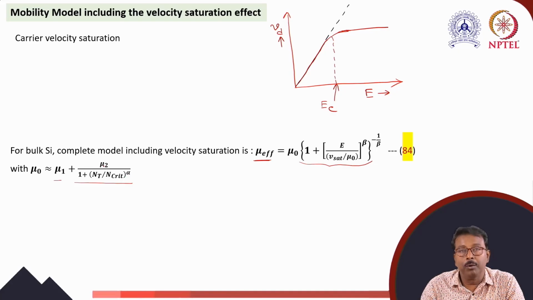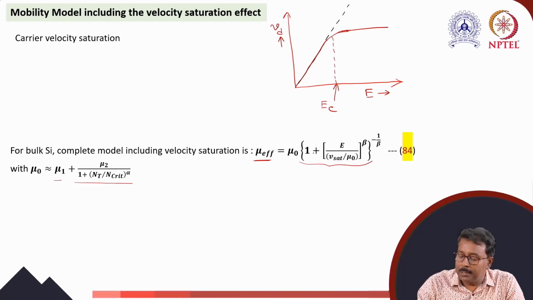Values of mu 1 and mu 2 for silicon we have shown in a tabular form. We have discussed this. And Nt is the impurity concentration and N critical is the critical impurity concentration. All these values are tabulated and discussed in last class. But actually, the equation should be like that, mu 0 into some factor.